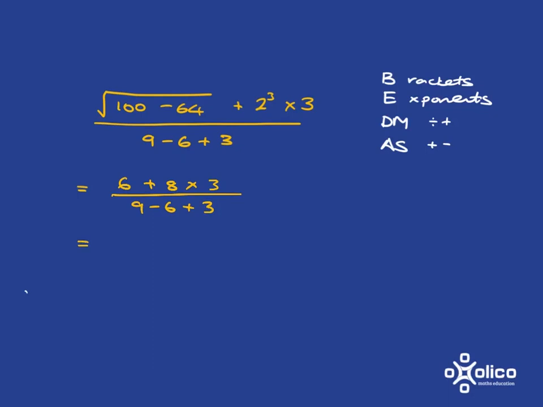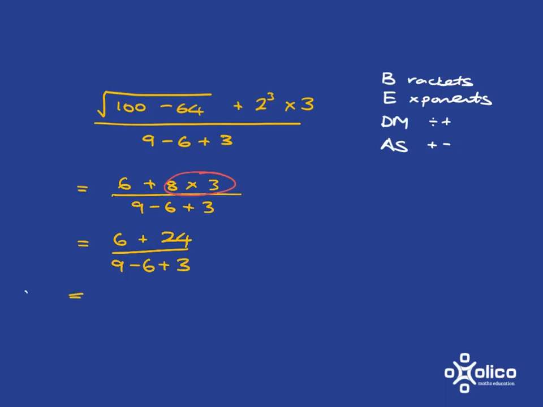Okay, BEDMAS tells me that after that, I must deal with my division and multiplication. So I am going to deal with my multiplication here first. So I'm going to have 6 plus 24. And then at the bottom of my fraction, I've got 9 minus 6 plus 3.